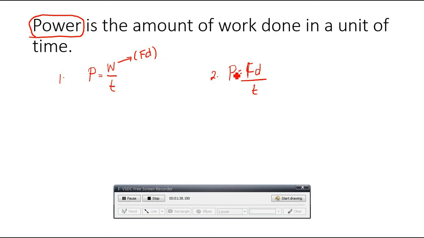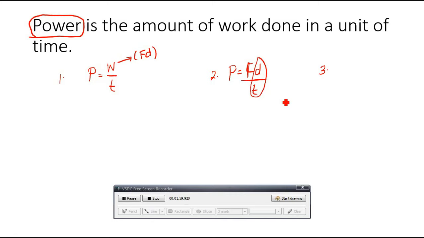Okay. For our number 3 formula, it's derived from your number 2 formula. For our number 2 formula, that will be Fd over t, or force times displacement over time. If you take a look at this part, you can see d over t.